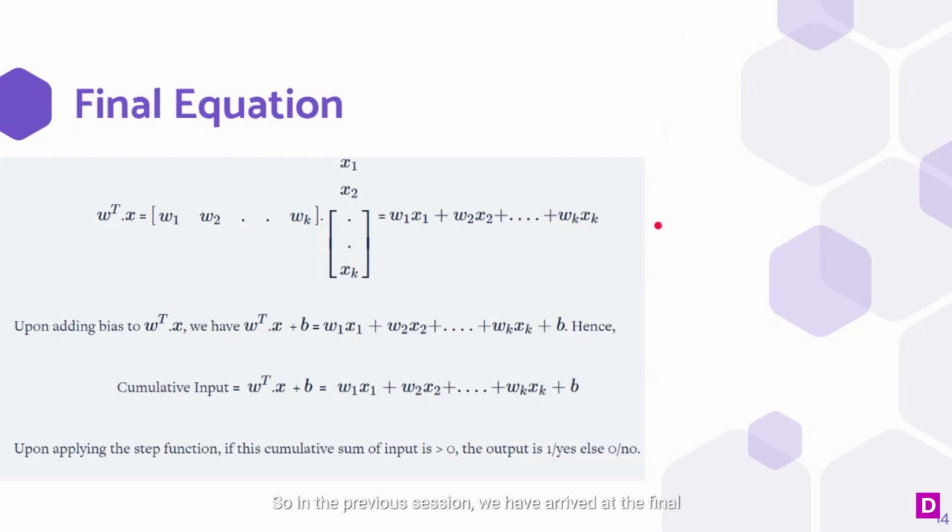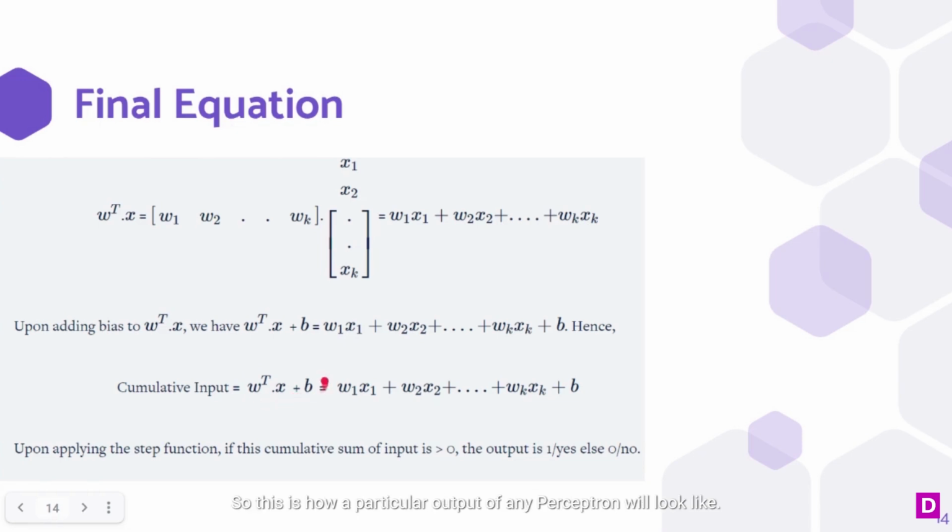So in the previous session, we arrived at a final equation for a perceptron output. This is the output of a perceptron, that is, how the mathematical processing takes place within a perceptron. It is just a cumulative sum of inputs along with the weight associated with each, plus the bias term.